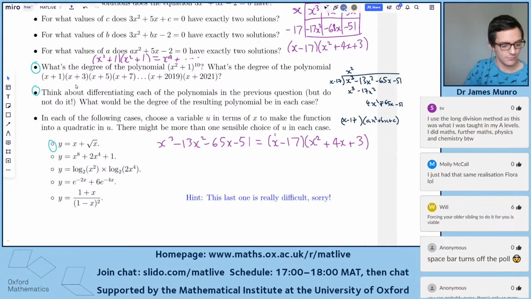And then you're going to have some other terms, but they're all going to be x squared or constant terms, and there's not going to be another one that's that high. So similarly, when all these brackets get multiplied together, the highest power that you're going to get is x squared to the power of 10.